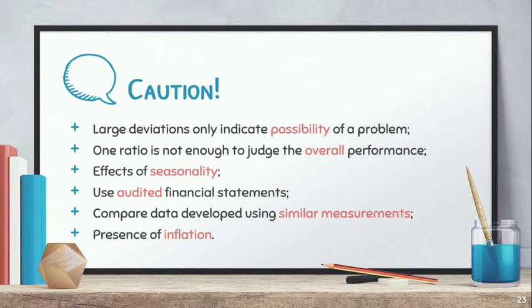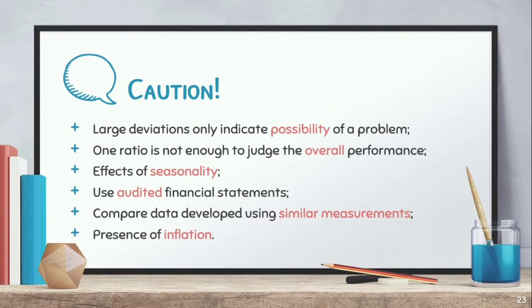So, second, a single ratio does not generally provide sufficient information to judge the overall performance of the firm. So, like I said, dili enough ang one ratio ra ang atong i-analyze. So, dapat mixture of financial ratios na siya para maka-arrive ta sa correct conclusion about the company.